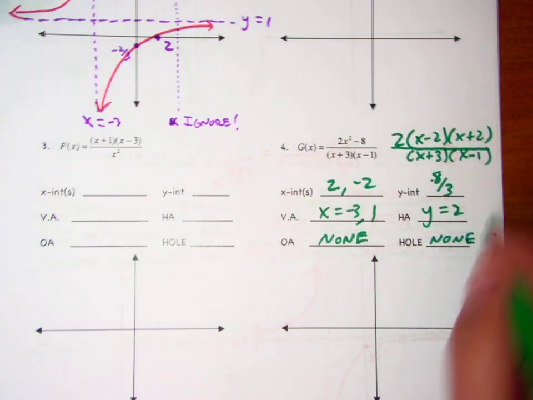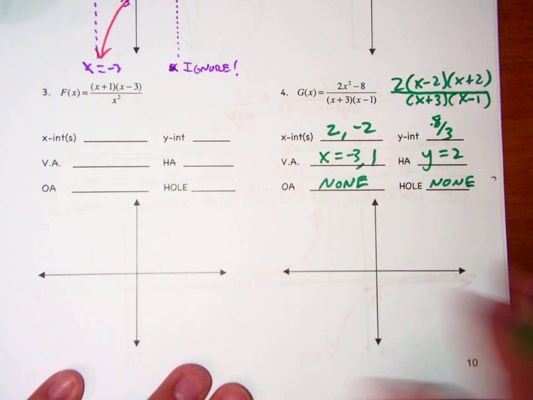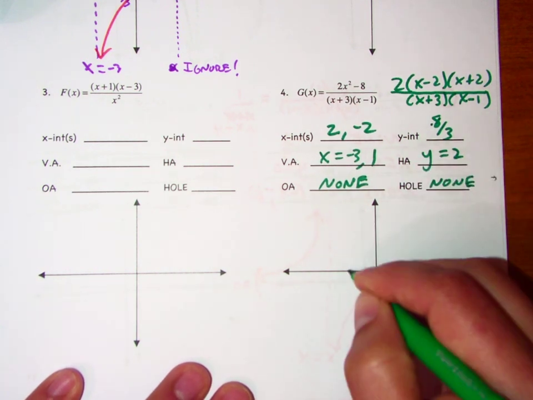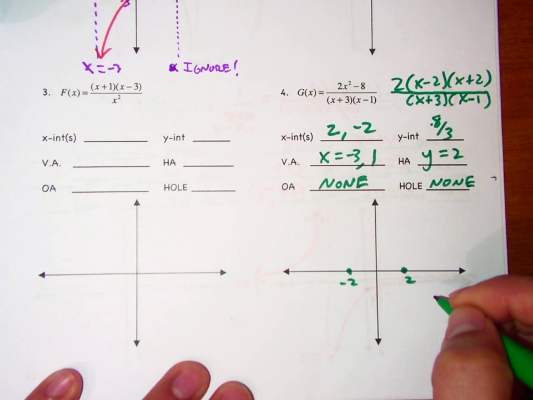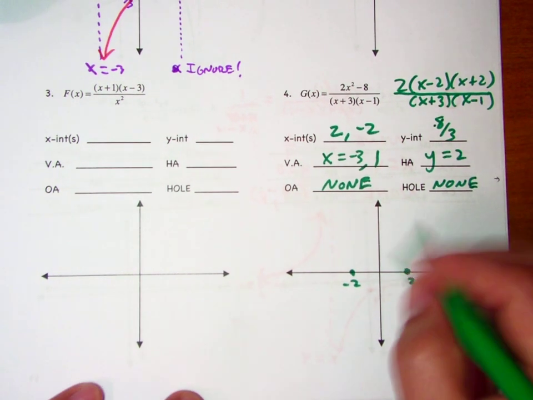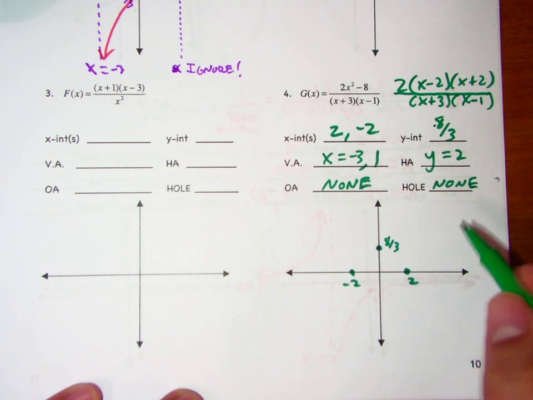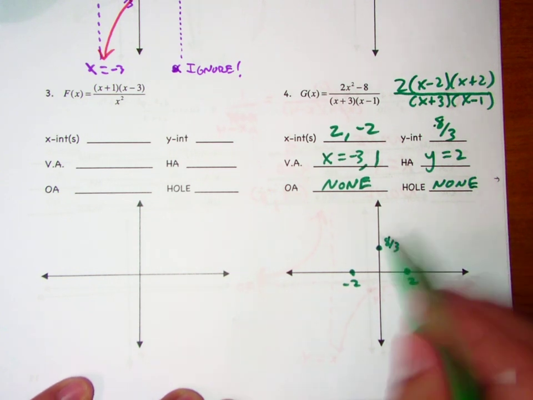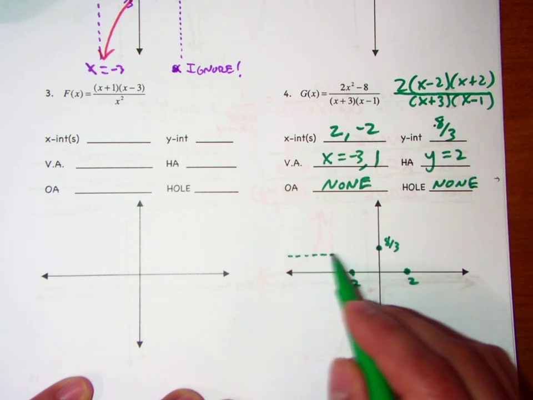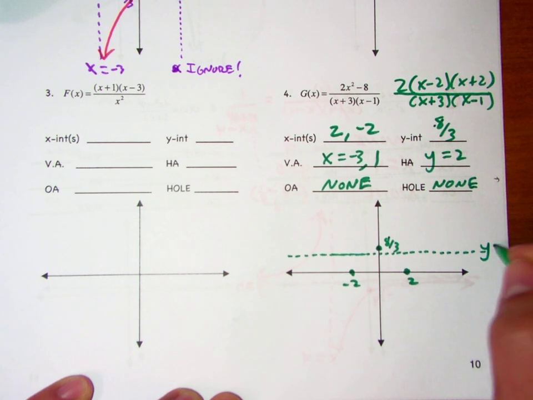So let's put these details down, and then we'll talk about crossing through the horizontal asymptote and where that would be. So positive 2, negative 2, those are the x-intercepts. Positive 8/3, that's 2 and 2/3 roughly, so that's up here. Horizontal asymptote is y equals 2. So that's right about here.